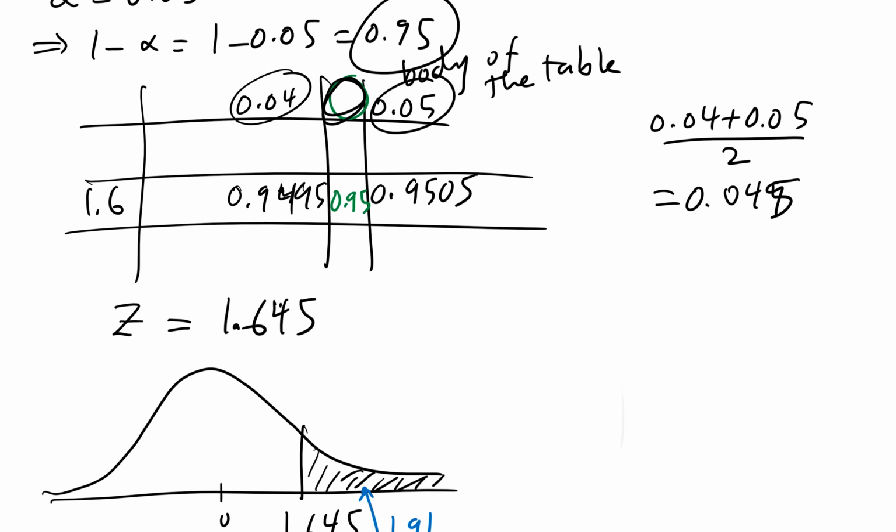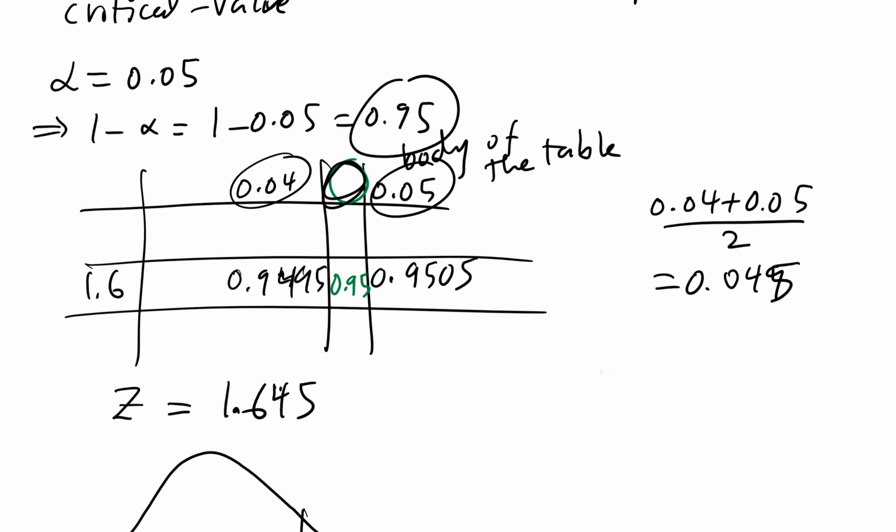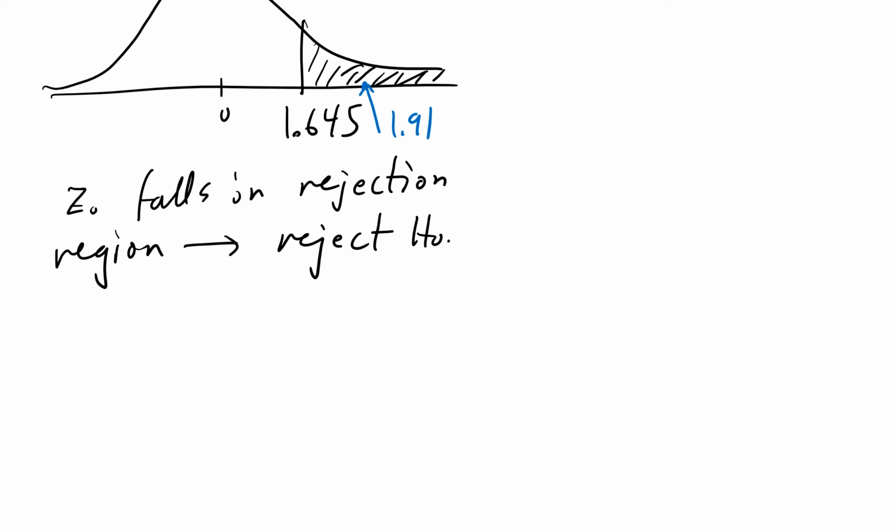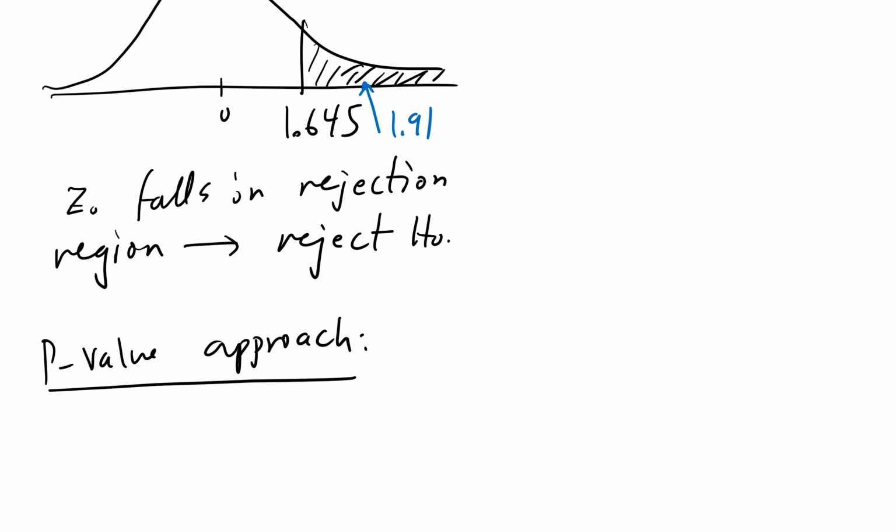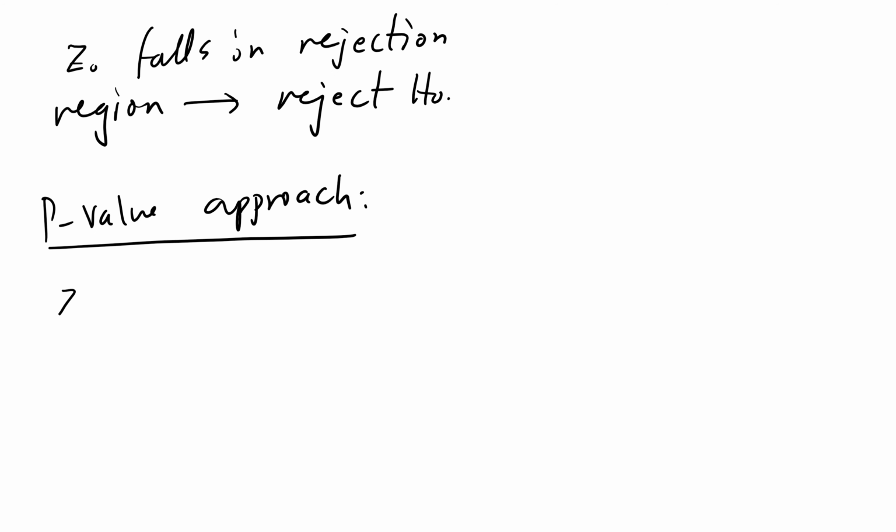Now for the p-value approach, so I'm going to do it here. How are we going to find the p-value here? Well, we found z. Z was 1.91. We call it z sub 0, right? We are going to see how to find the p-value.